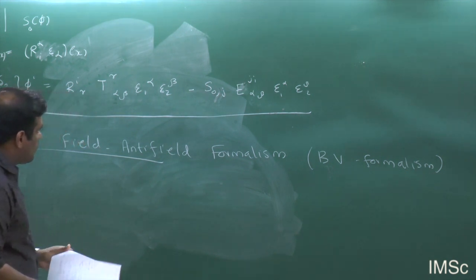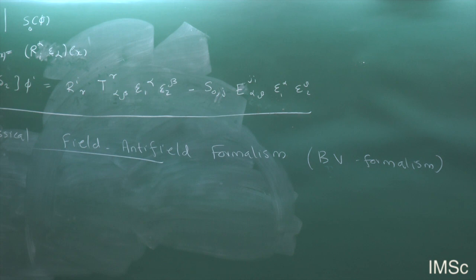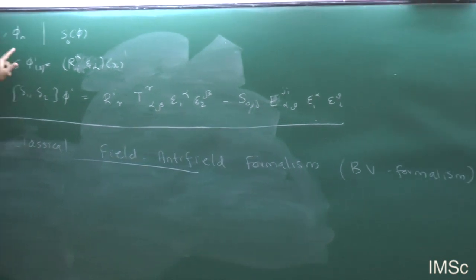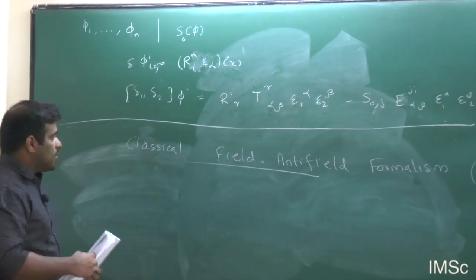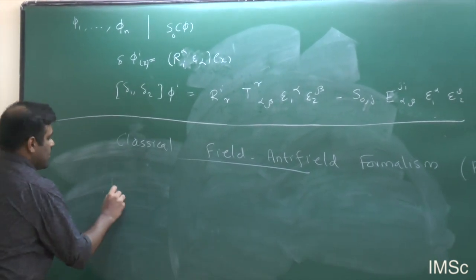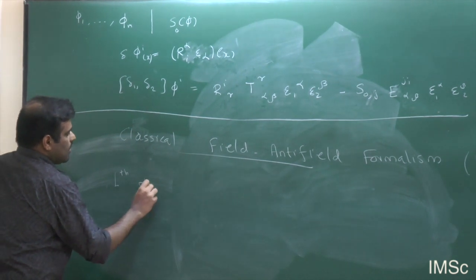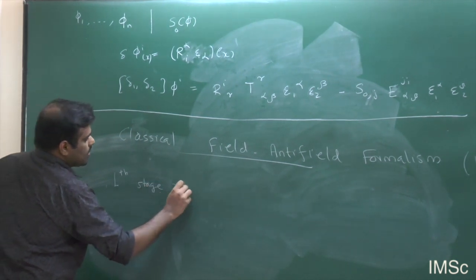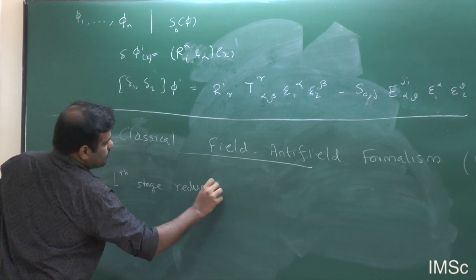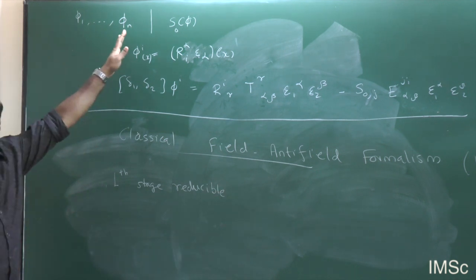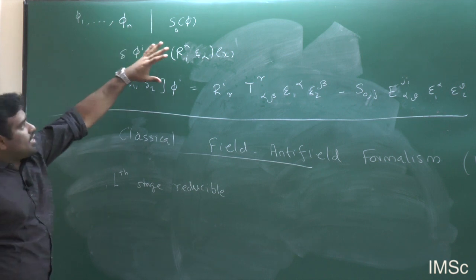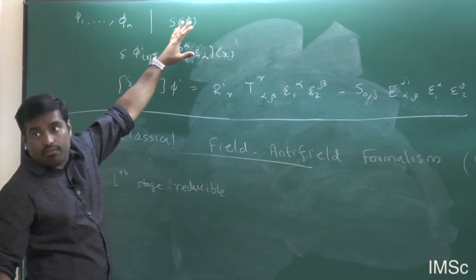Let's start with a gauge theory having fields phi 1 to phi n, and assume that the action is S0 of phi. On top of it, we assume that the gauge structure is such that it is an Lth stage reducible gauge theory. That means if you start with this configuration, you have a transformation that keeps the action invariant.